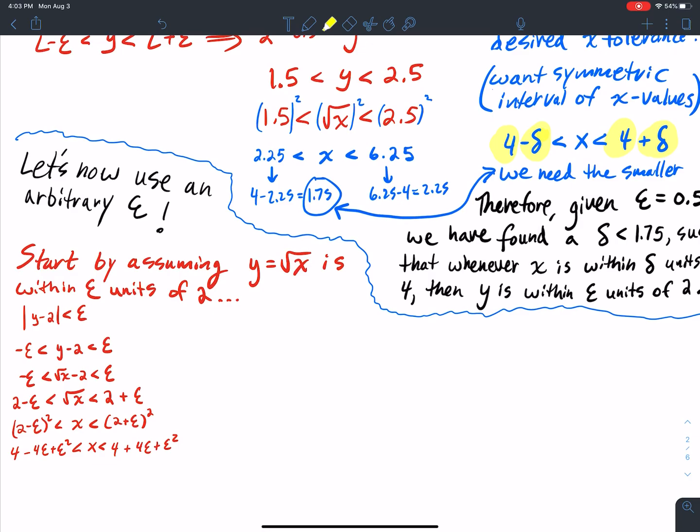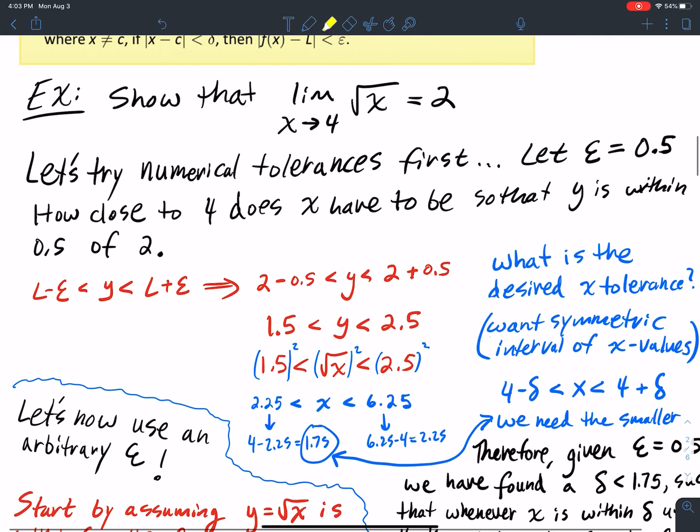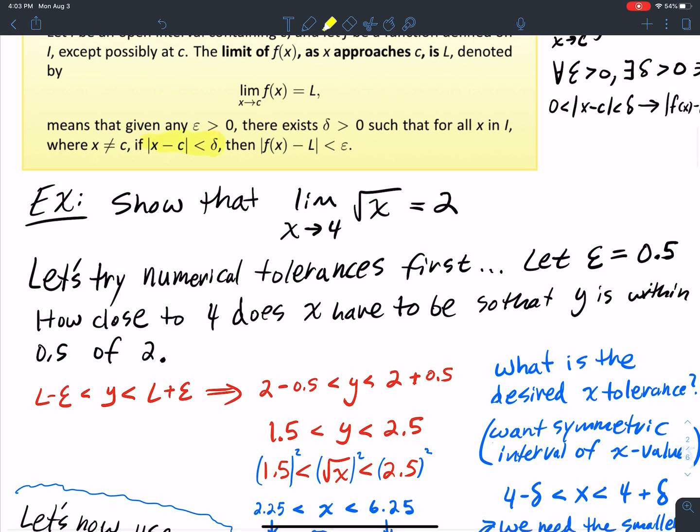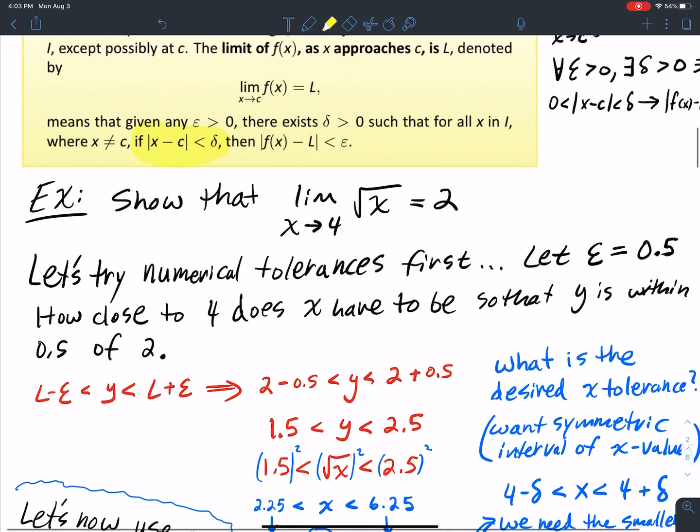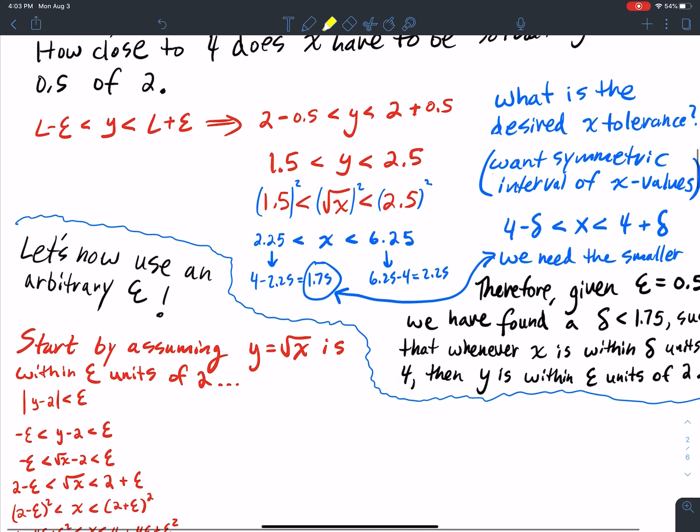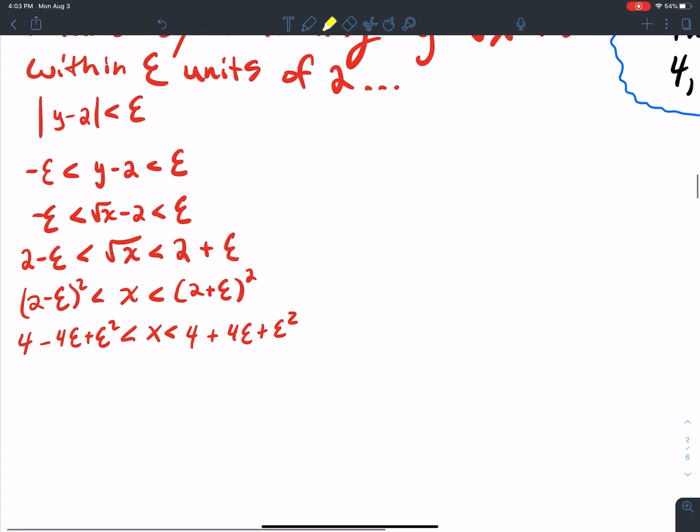That's the setup for this particular one, since my limit is as x approaches 4. If you solve this for x, that's where you get your delta and your c playing in there. So what do we need? I need a 4 minus something, and then I need a 4 plus something.